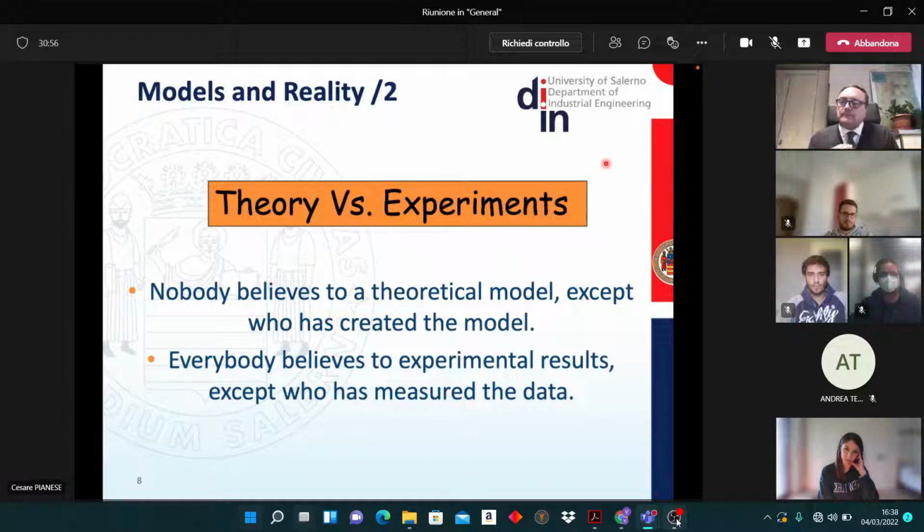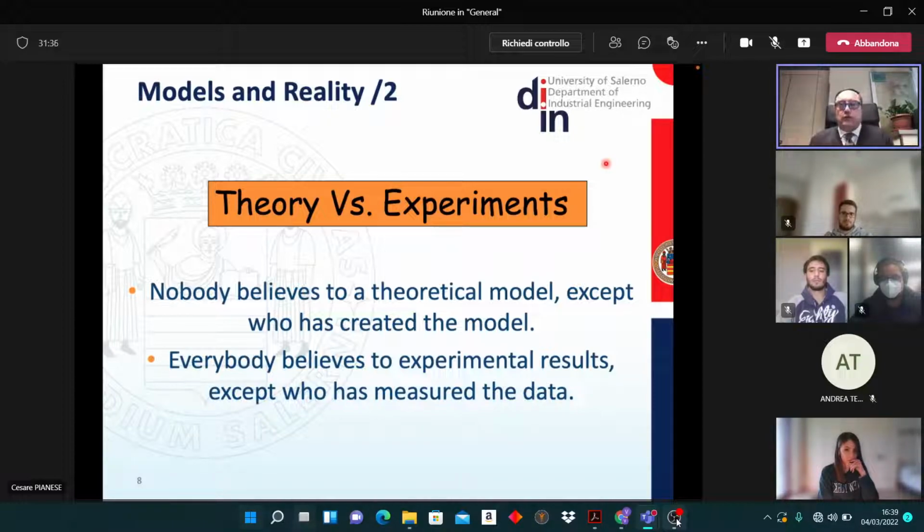If you do a model, they will always ask you queries on how you built the model. Are you sure? Did you account for this? Do you know that sometimes there are changes in the humidity that could affect the computation of your data? But nobody is going to ask an experimenter doing experiments with an internal combustion engine whether, in the analysis of his experimental data, he took into account that on that day there was humidity or dry air or fully humid air.